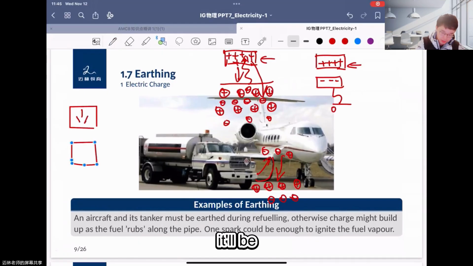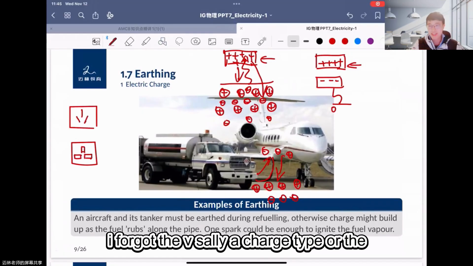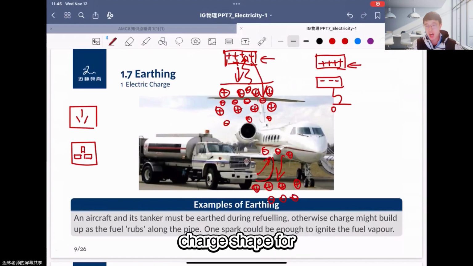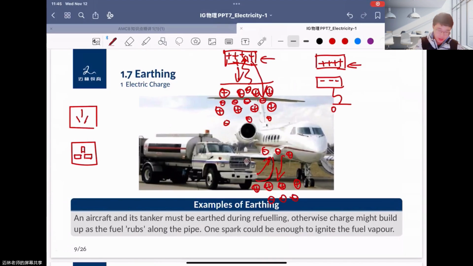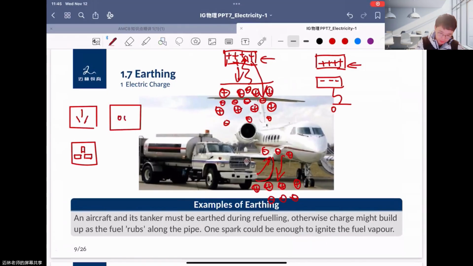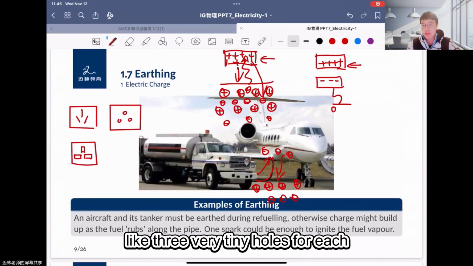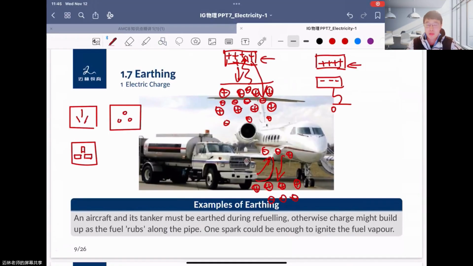I forgot exactly the shape of the plugs. For some places, maybe in Europe, I guess it's like this way or like this way. You'll find there are three very tiny holes on each plug.